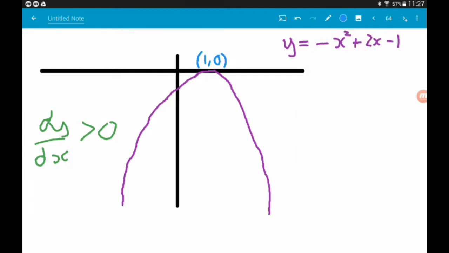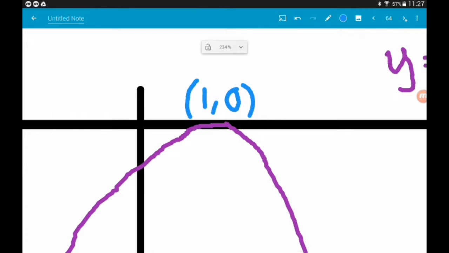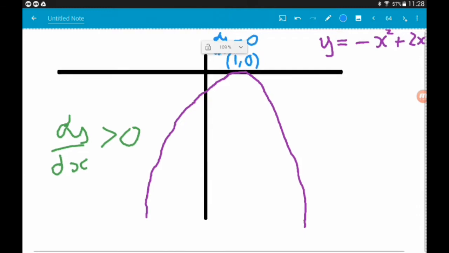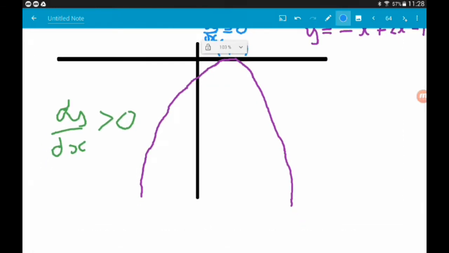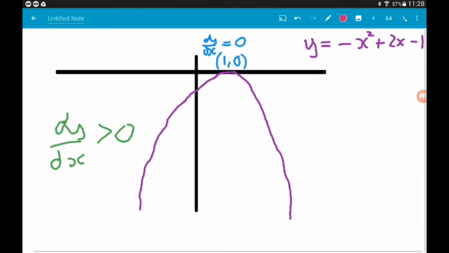On the stationary point, remember dy by dx is equal to 0, and then on the right of the stationary point, the gradient is negative because the graph is decreasing.